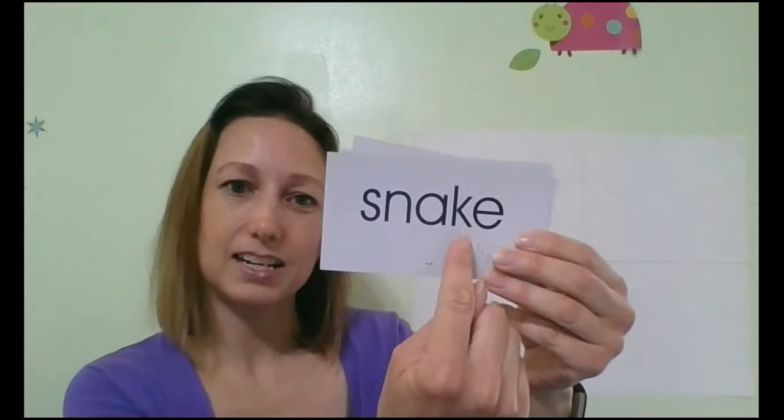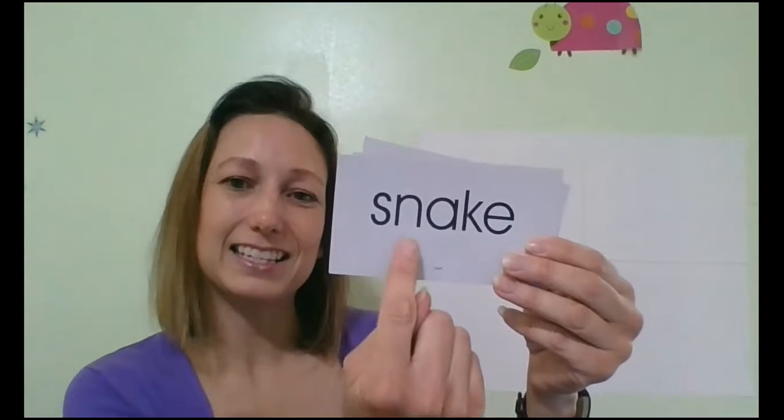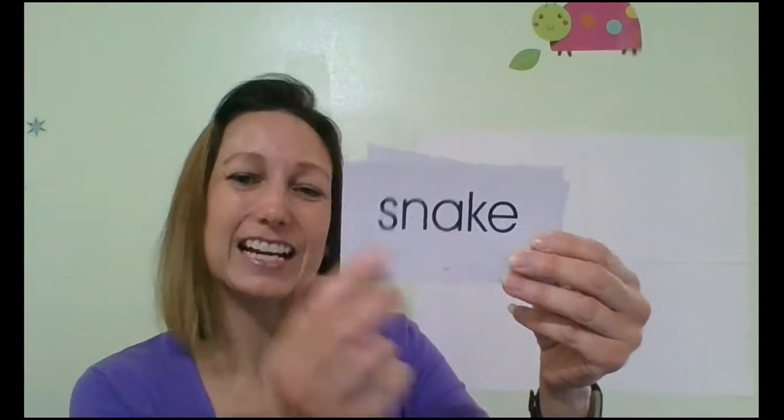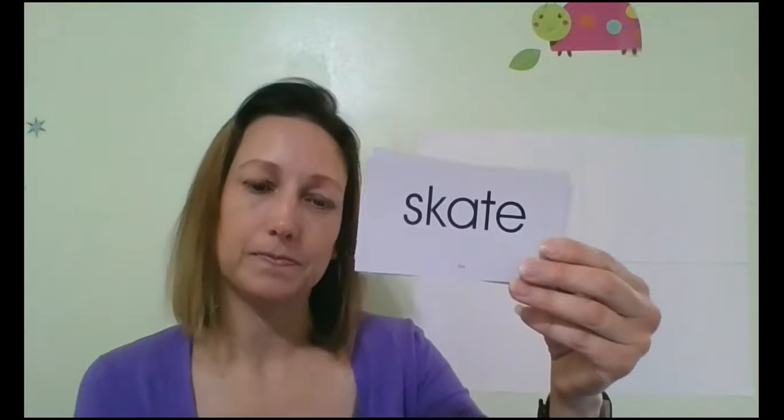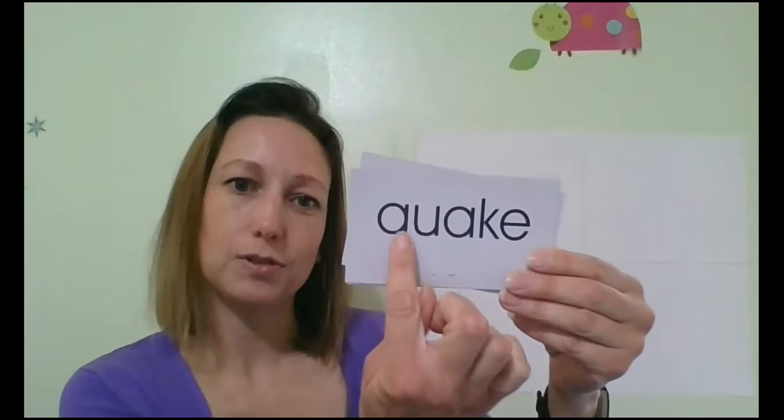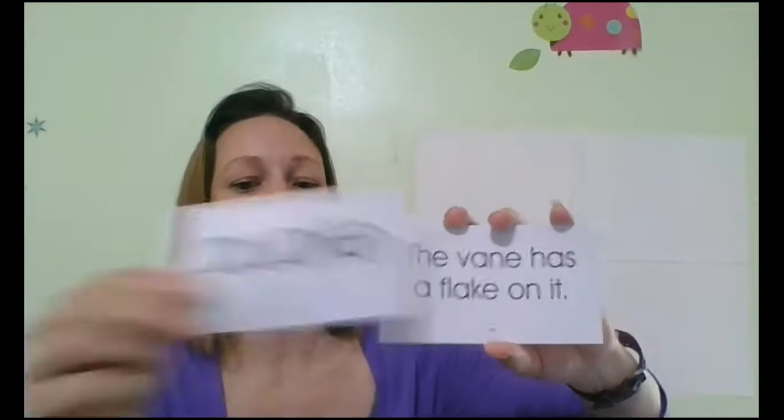We have our A, consonant, E says A. Snake. Skate. Quake. Remember QU says kw. Quake. Something quakes, it is shaking like an earthquake. The earth shakes.